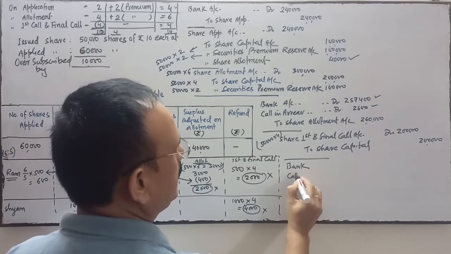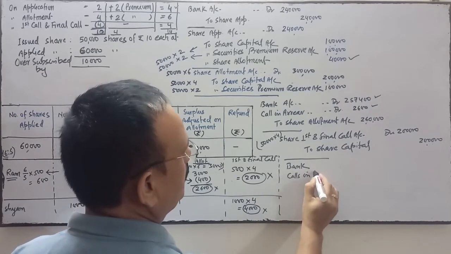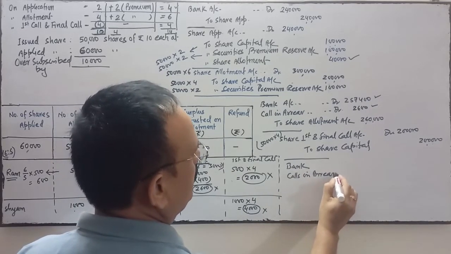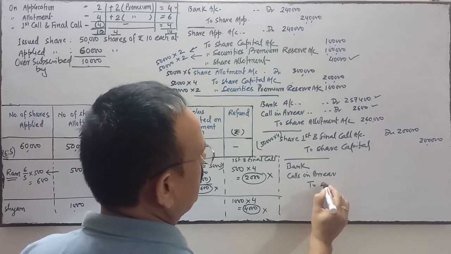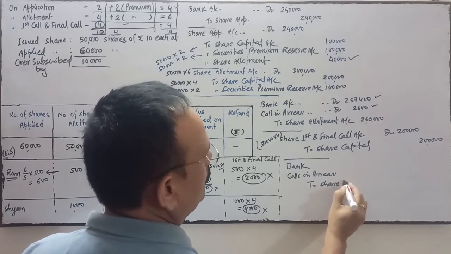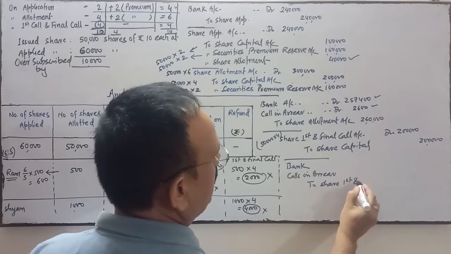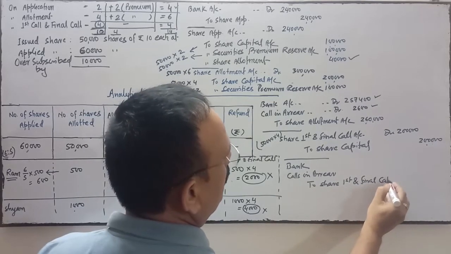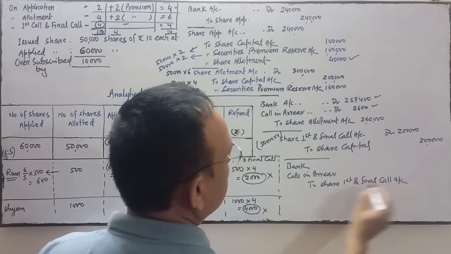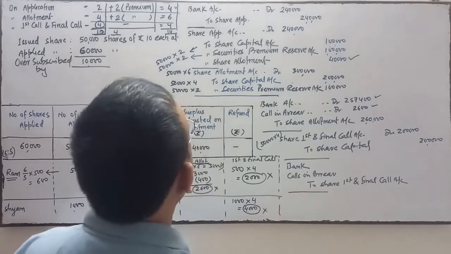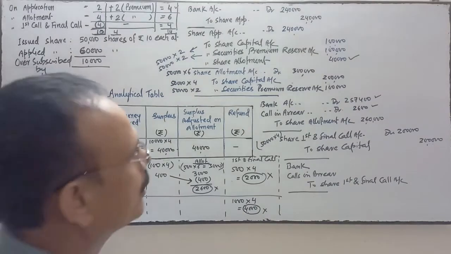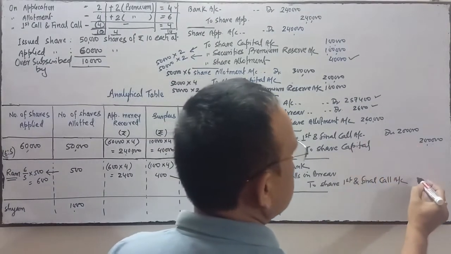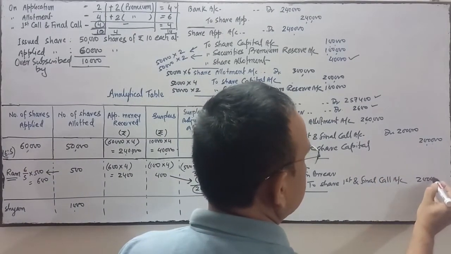So next entry is bank account debit, calls in arrear account debit to share first and final call account. So share first and final call will be credited with this amount which is debited by us, 2 lakhs.